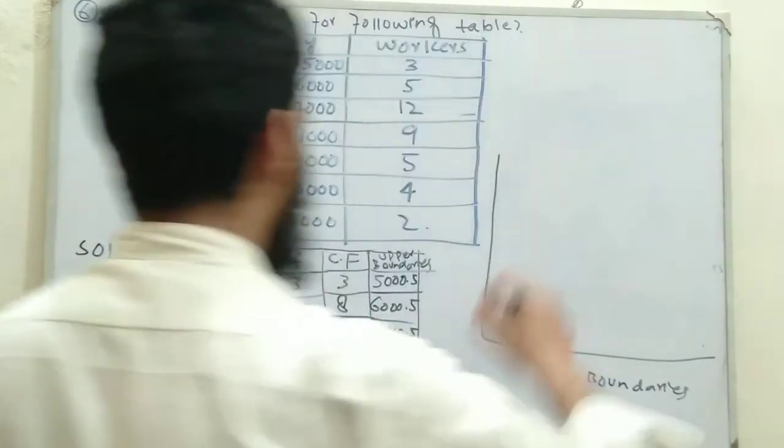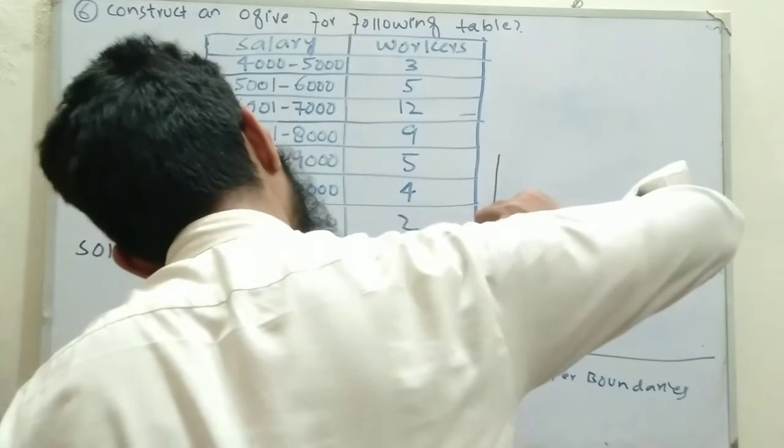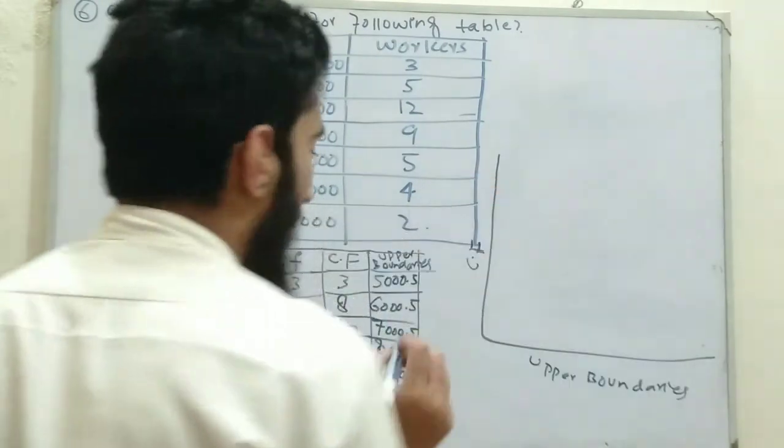Now along the x-axis we will consider the upper boundaries, and along the y-axis we will consider the cumulative frequency for constructing an Ogive.